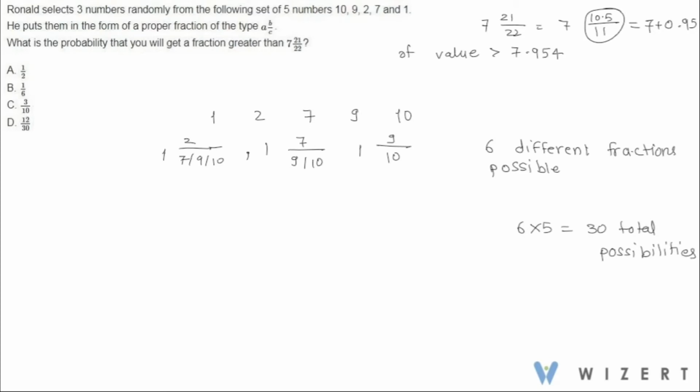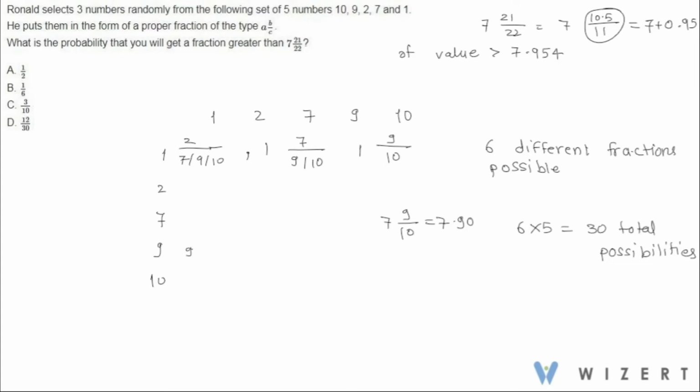So let's look at 2, 7, 9, 10. Now with 7 we have the largest fraction possible, that is 7 integer 9 by 10, and if we look at it, it's 7.90, which is smaller than 7.954. So we are going to look for all the possibilities after this particular fraction.